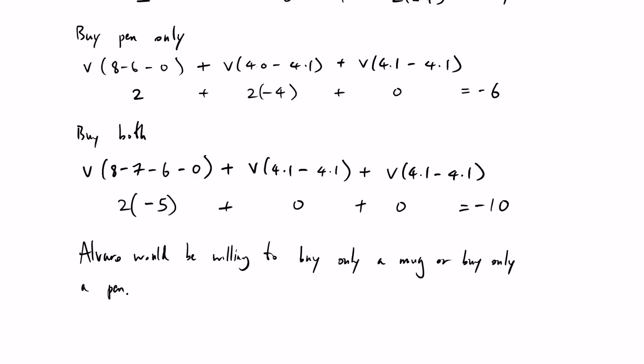He's expecting to get a mug in the experiment. In some sense, I'm using it in the English sense, not in the statistical sense. He's thinking that he's going to get a mug and a pen. It turns out that he's not going to get either. What is he going to do? Yeah, you can say that too. The reference point, you can say that he wants a mug, he wants a pen, but he's not getting either.